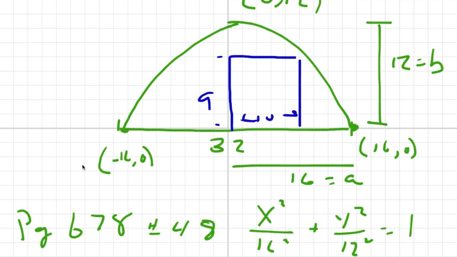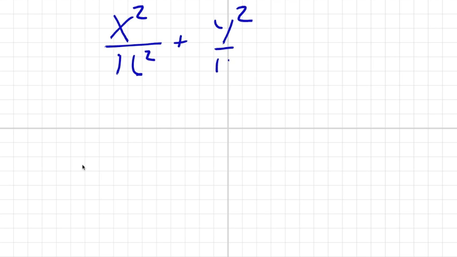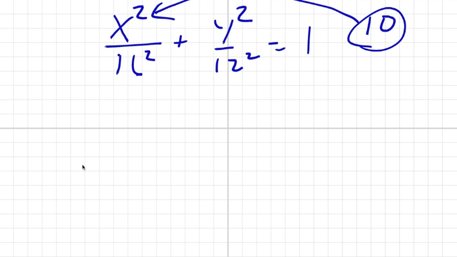Well, the easiest thing to do is just plug that into our equation. y squared over 12 squared is equal to 1. We have a point 10 feet in the x direction. If we plug that in for x squared, we can solve for y and see if that's greater or less than 9, which is the height of the truck.